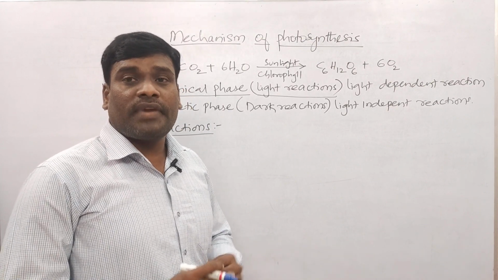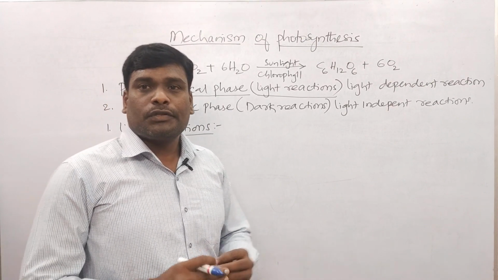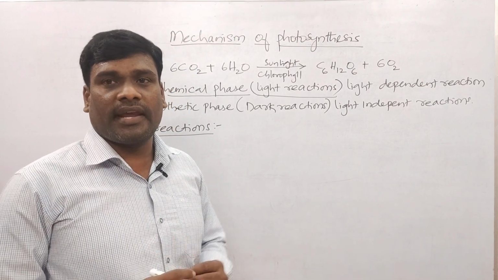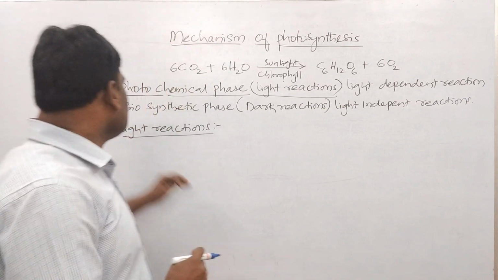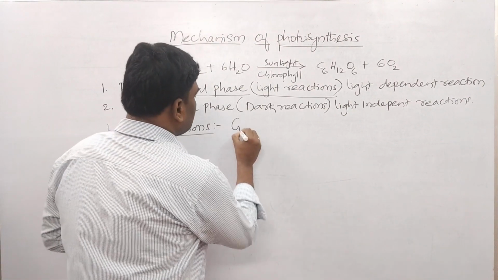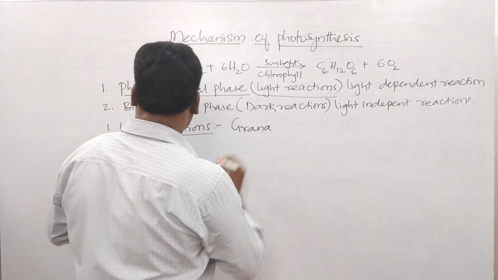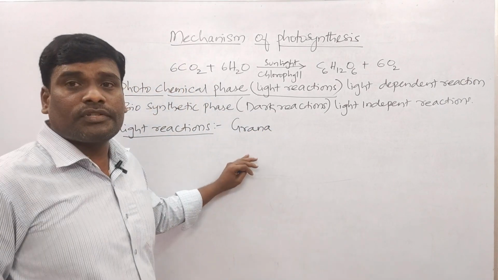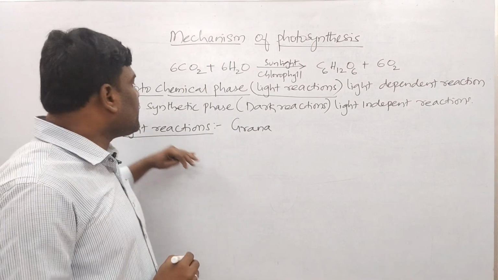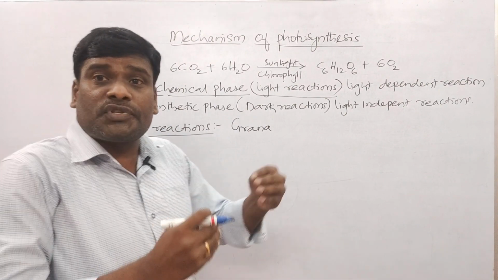We have already studied that chlorophyll pigments are seen in the thylakoid membranes. That means these light reactions occur in the grana. So these light reactions occur in what, children? Grana.